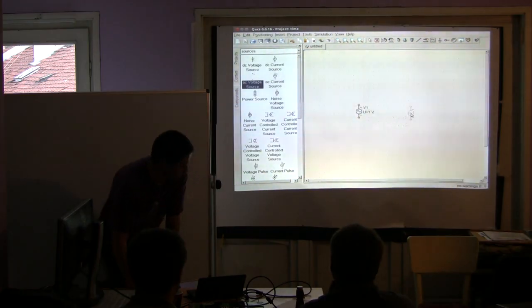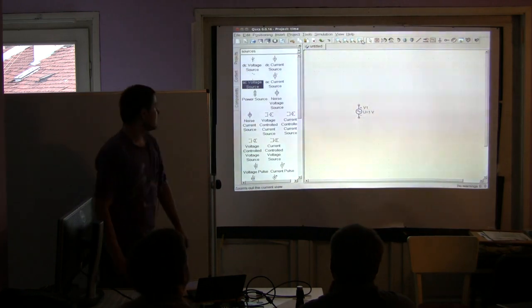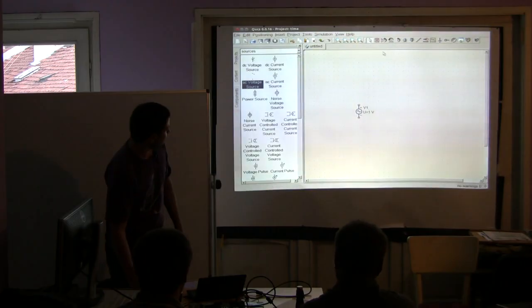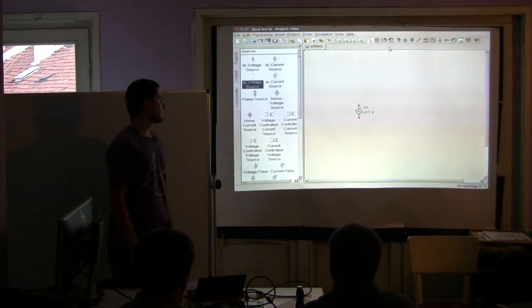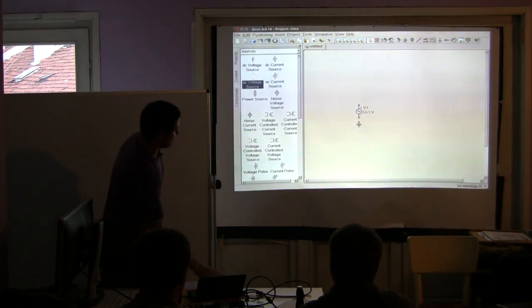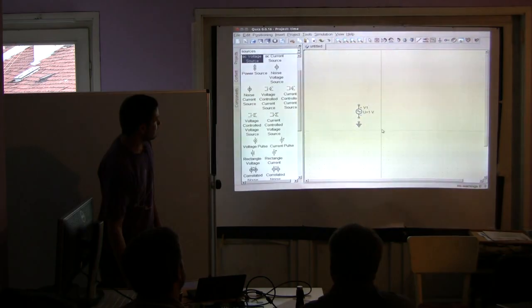We know what voltage is now. This is a voltage source. I'm setting the reference point between one of the points. It's called ground. We will see later.